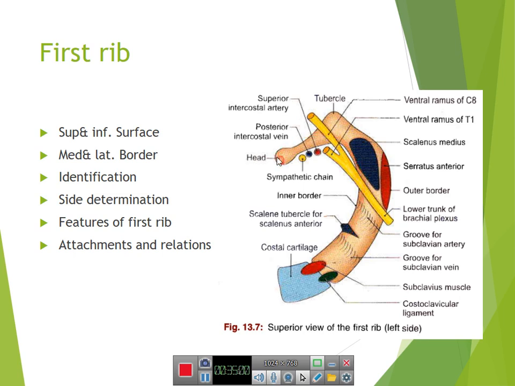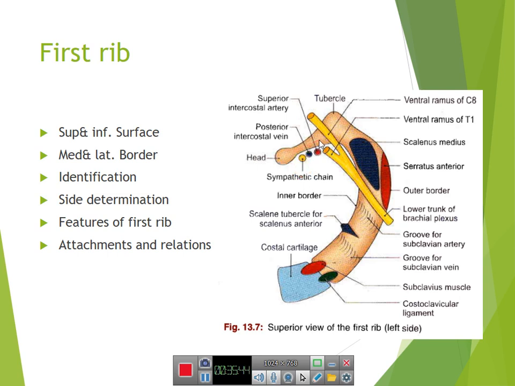Number two is the posterior end. The posterior end comprises the following features. A is the head of the first rib. The head is small and rounded. It articulates with the body of the first thoracic vertebra, in contrast to the head of typical ribs, which articulates with two vertebrae, the upper and its own vertebra. Another feature of the posterior end is the neck.